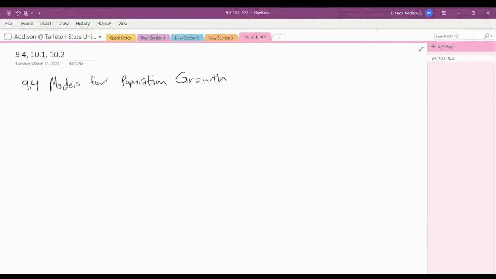When we're talking about models for population growth, there are really two main models that we're going to look at. Our first model is the law of natural growth. We did touch on this in our last review, I believe in section 9.1.